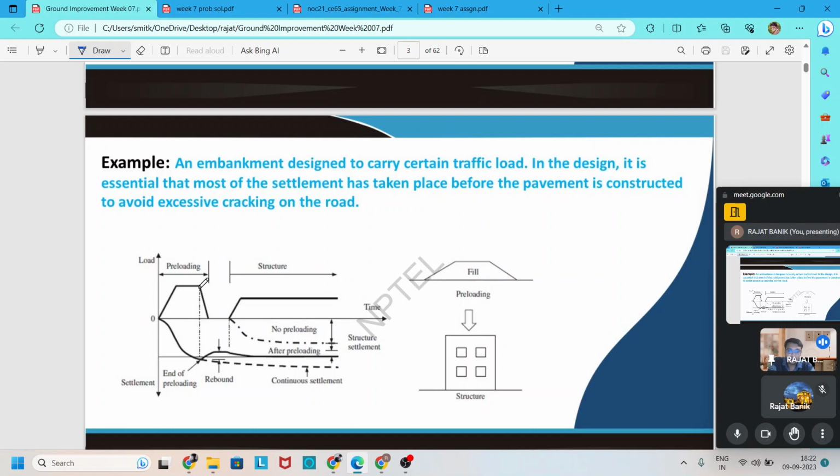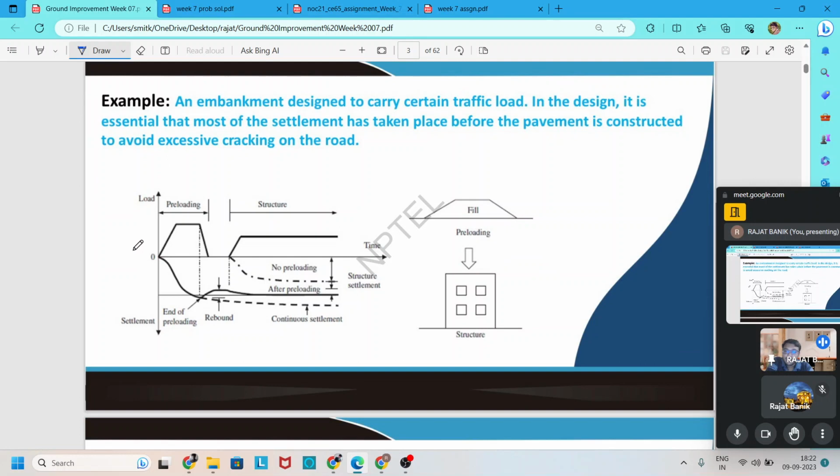And if we do not apply the preloads, you can see in this graph that when we apply the load, the ground settlement is like that. But after a few times, we can say that our targeted settlement for the permanent structure is up to that much.